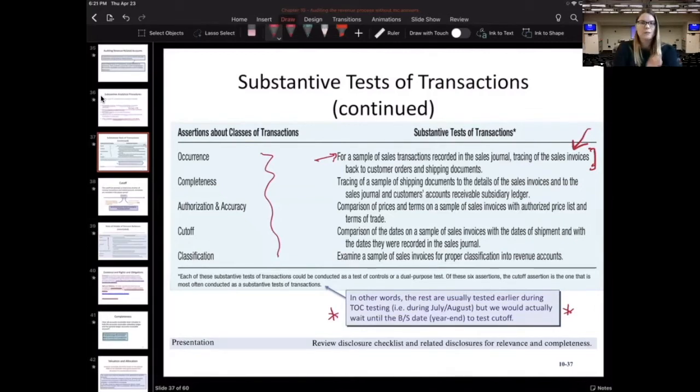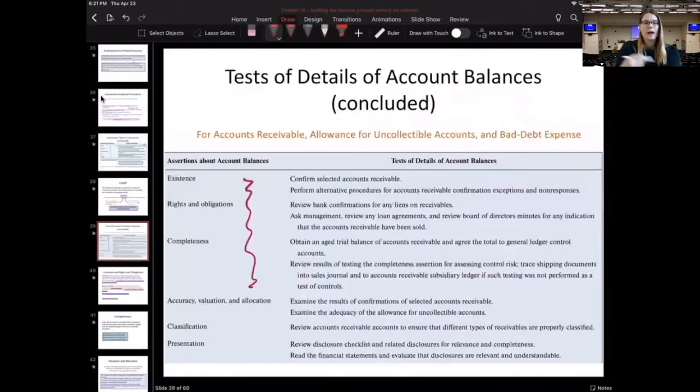That's why we see the procedures divided up this way, because we have accounts like revenue, which we effectively substantively test when we're doing our test of controls. And then we have other accounts like accounts receivable, which we perform separate substantive tests on because we are not effectively testing them through our test of controls.